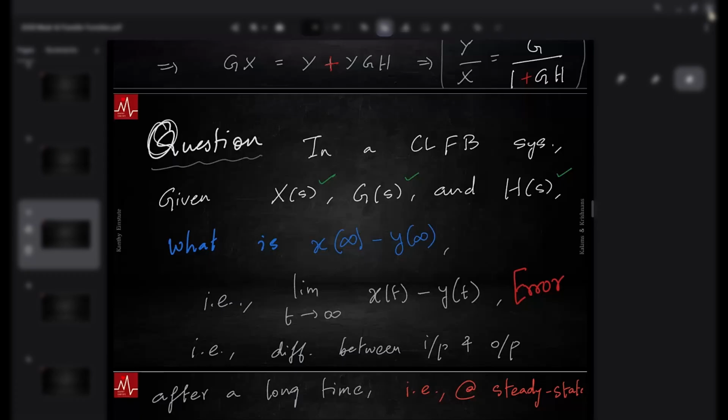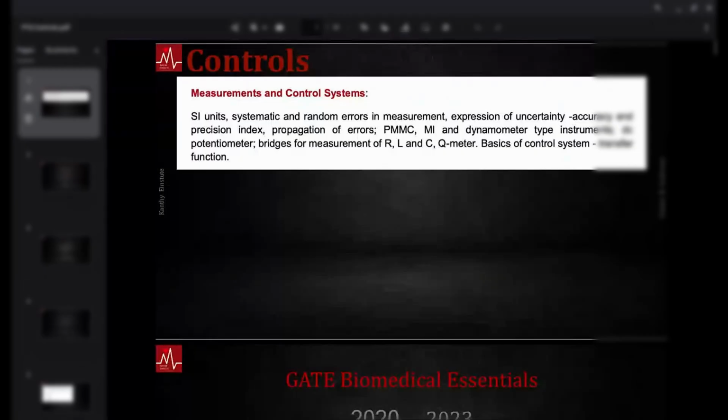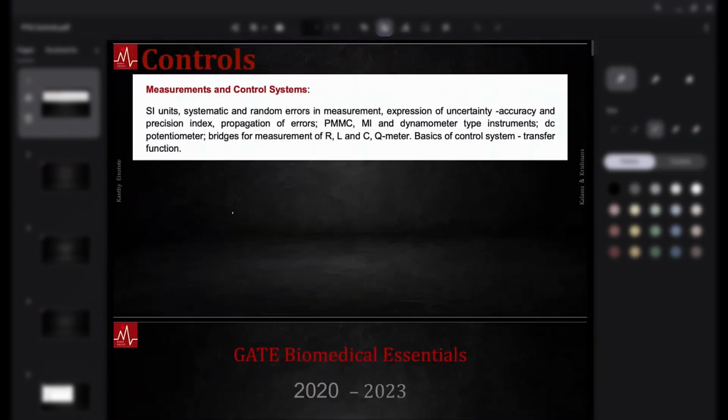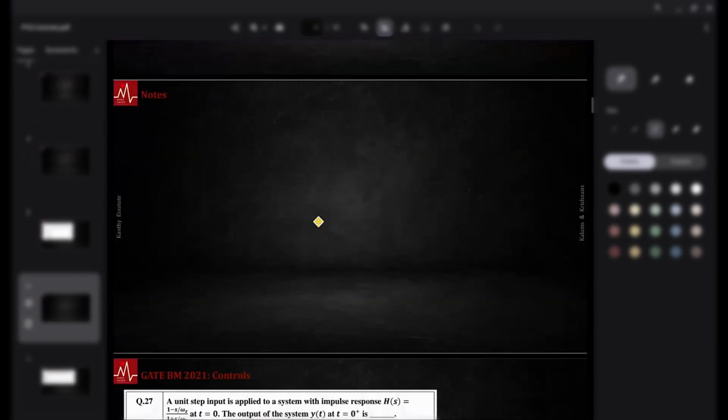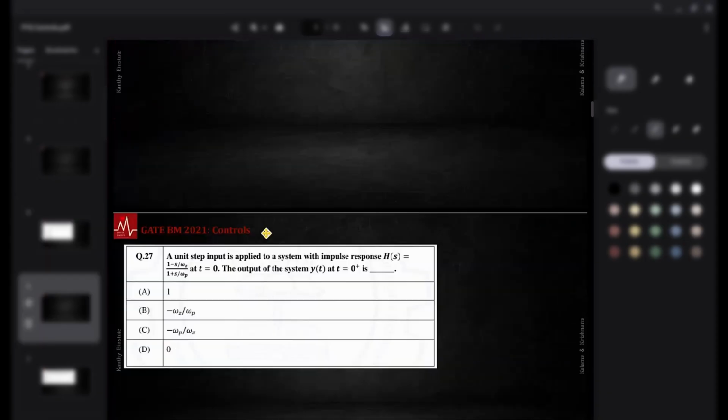There is no feedback now, I'll just continue without sharing the screen. Steady state error is unbounded, it's infinite. Laplace transform, basics of transfer.